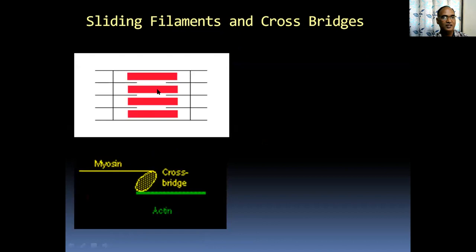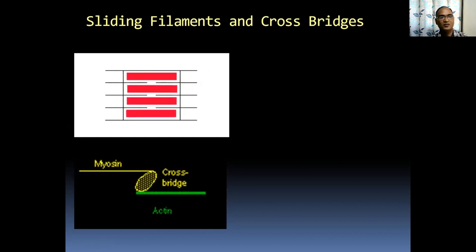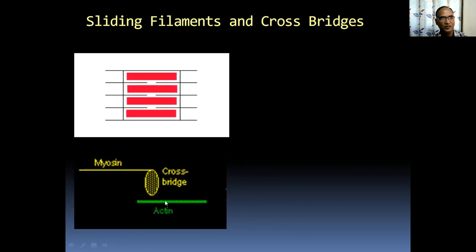As I already told you, during muscular contraction there is no change in the red portion, which is the myosin. The line portion is the actin. There is no movement and no change in the myosin, only in the actin. The second picture clearly indicates that there is no movement in the myosin thread, only changes in the actin thread.